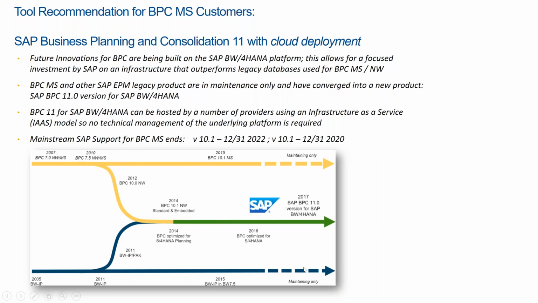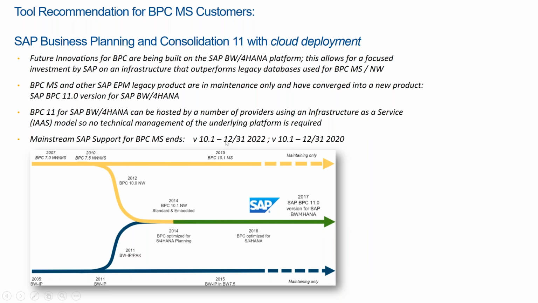It does not run on a legacy NetWeaver database, or NetWeaver platform, I should say. It does not run on a Microsoft platform. It runs only on BW for HANA.